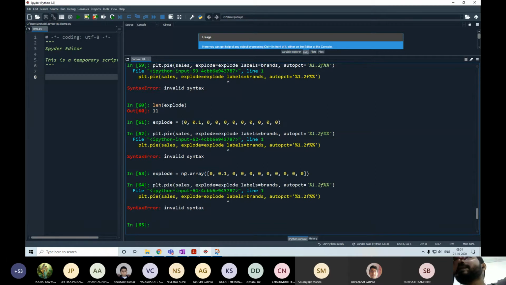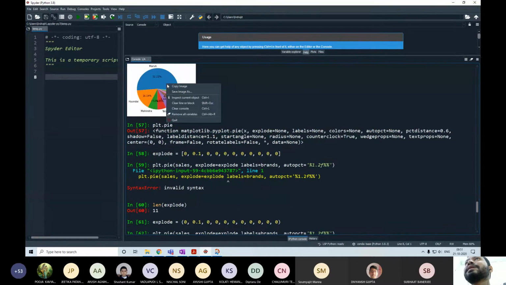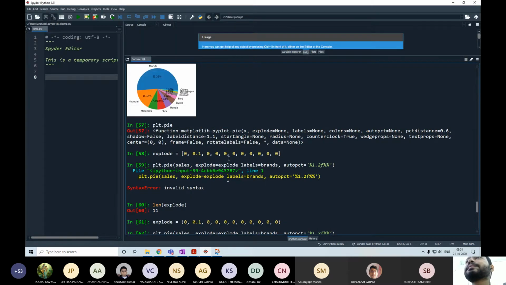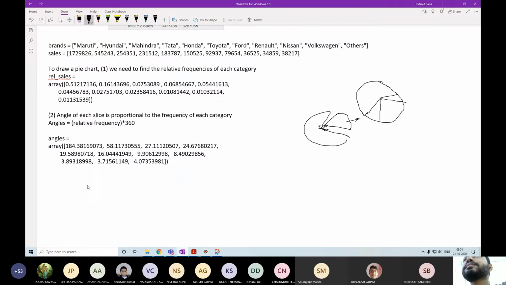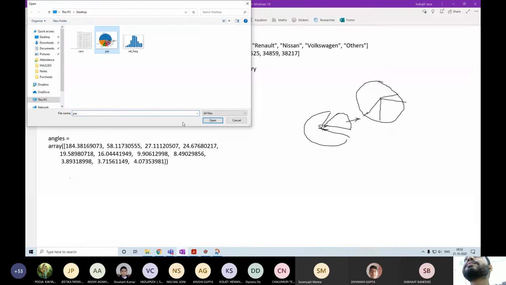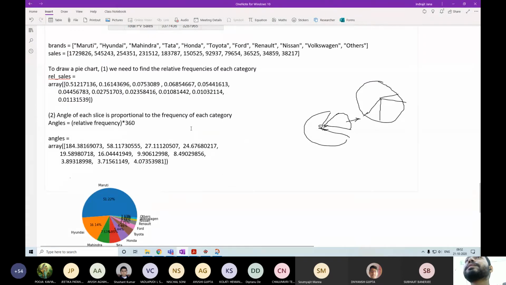No, this is not working. Anyway, I need to see the exact documentation for how it works. Okay, so let me save this one and import it just to save time.